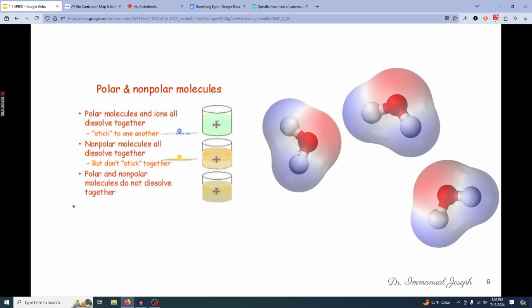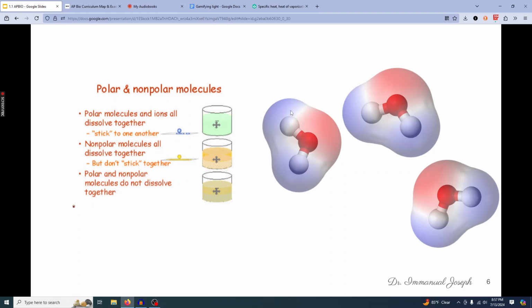And this determines a lot of biological properties, especially when you're thinking about cell membranes, which we'll study later in great detail. You'll see that this inability of polar and non-polar molecules to interact with each other becomes a big biological property that defines life. And also polar molecules, because of their slight negative and slight positive charges, interact very nicely with ions, let's say a sodium ion or a chloride ion.